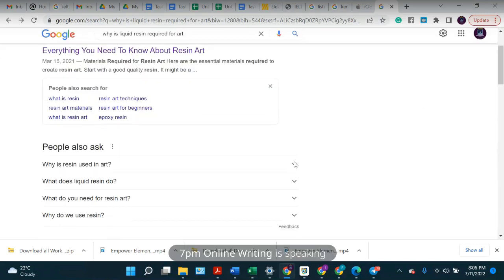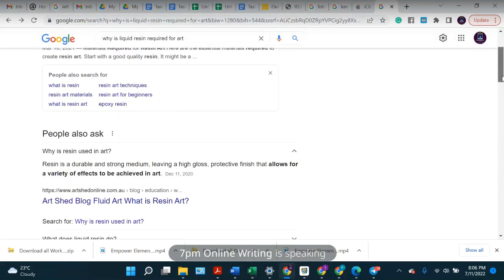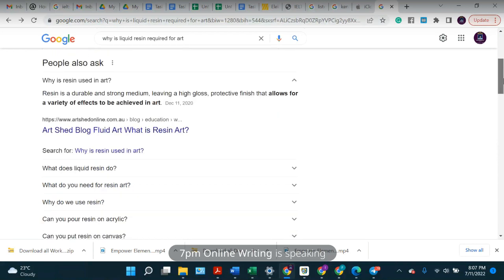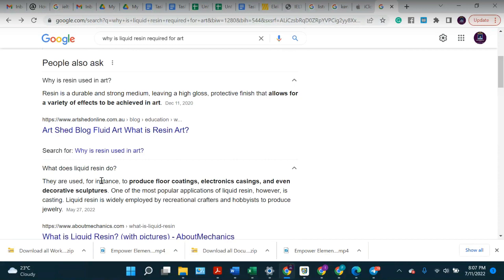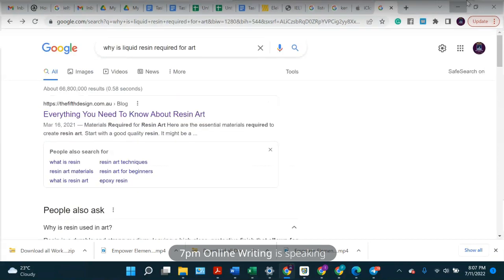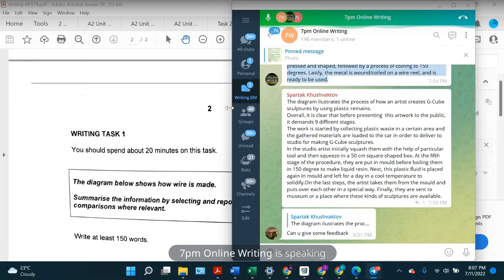I need very short and dumbed down language. Resin is a durable and strong medium, leaving a high gloss protective finish that allows for a variety of effects to be achieved. Oh, okay, so I think it's for painting over, so you can draw something or paint on it. You don't have to be that specific and clear, I think.